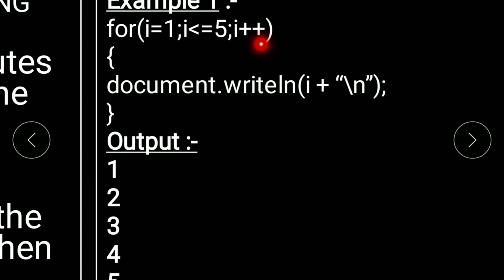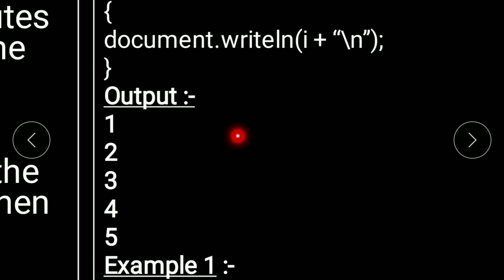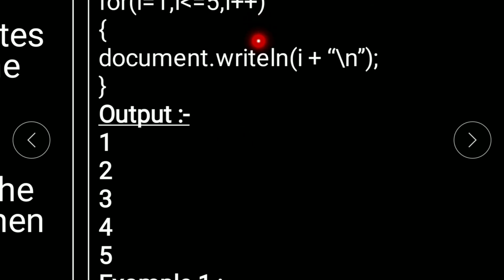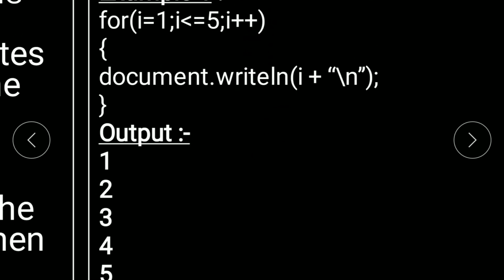Then i becomes 3. Then 3 less than or equal to 5. Is it true? It's true. Then it prints 3. Then afterwards i becomes 4. Then condition check that 4 is less than or equal to 5. It prints 4. Then i becomes 5.